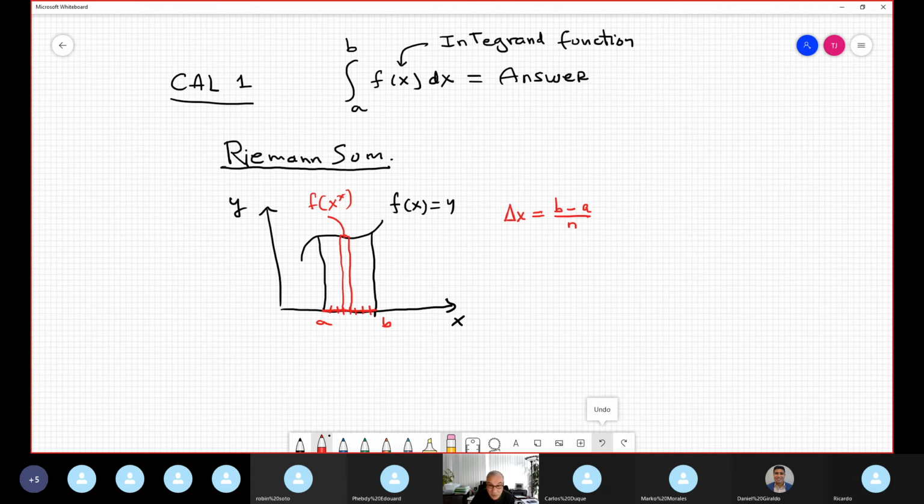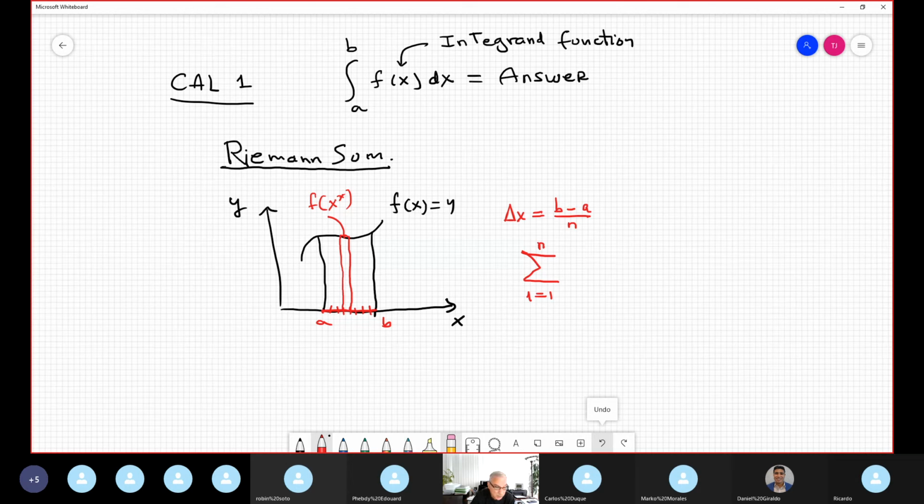So what is the Riemann sum? The Riemann sum is the summation from i equals 1 to n. What is a count variable? Suppose here 0, 1, 2, 3, 4, 5, 6, 7. I don't know if the partition is 20, maybe. So n is 20.